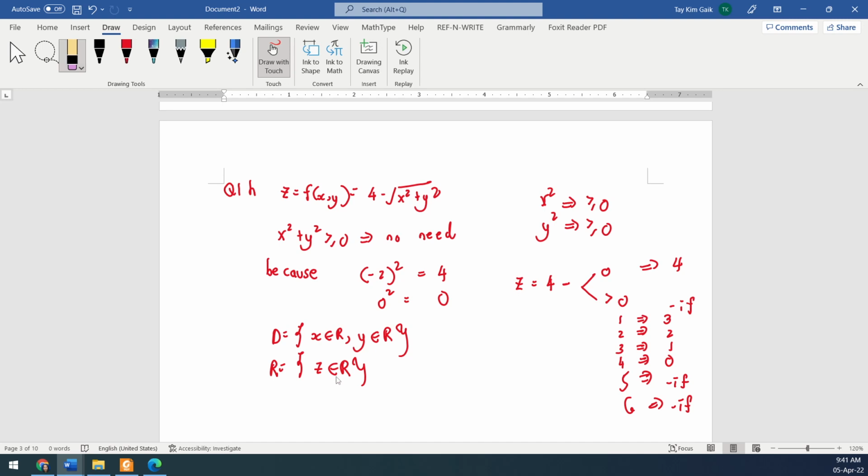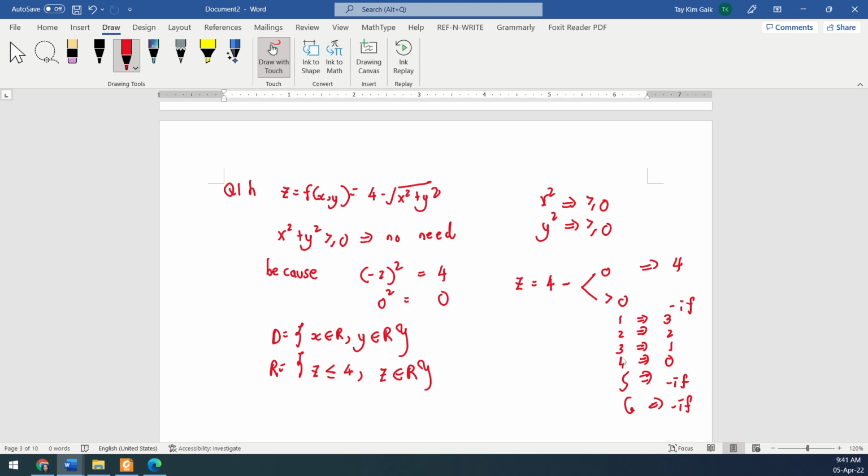So the correct answer is z less than or equal to 4, and z is a member of the real numbers. You see the value here, 4 minus the square root, where the minimum of the root is 0. Later the value can be greater than 0.